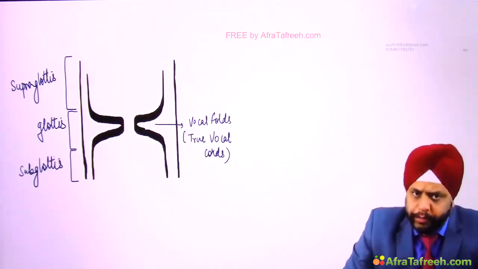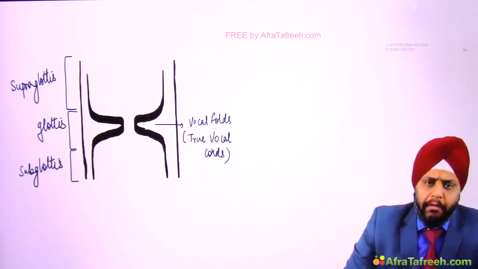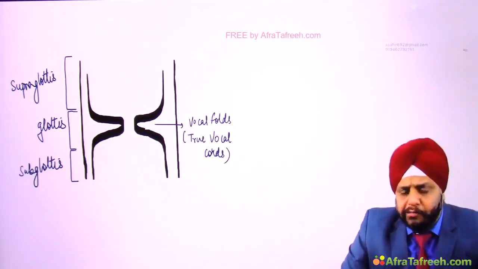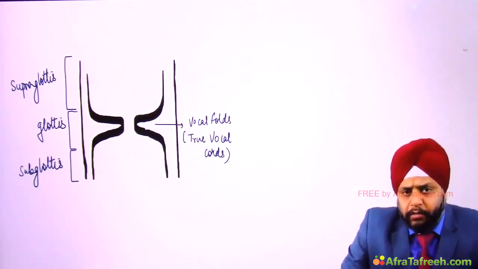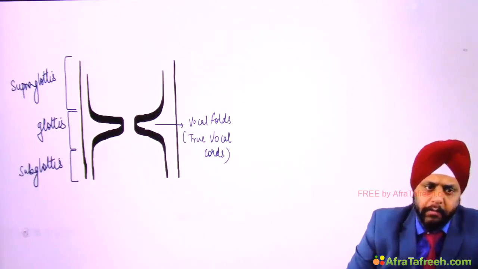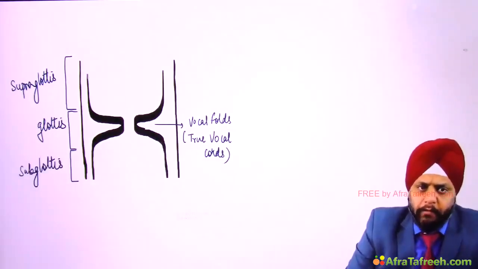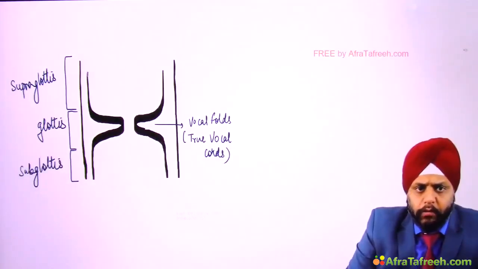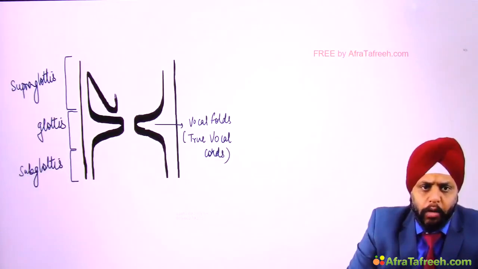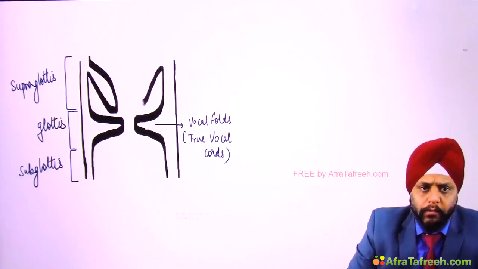Now, I call them true vocal cords. So if there is true, there must be something which is false. Yes, we have a structure known as false vocal cords in the supraglottis.